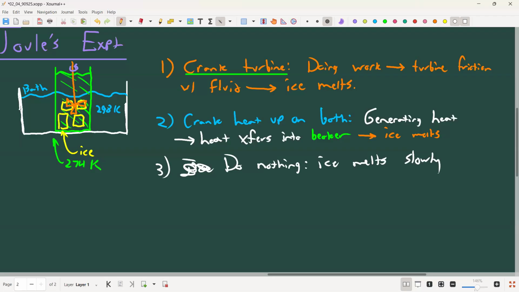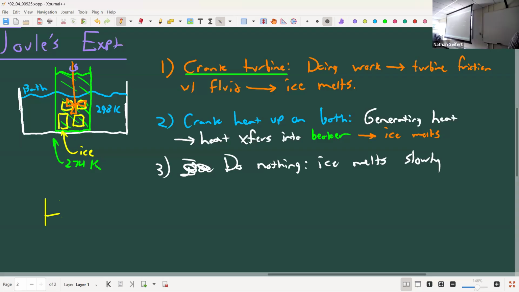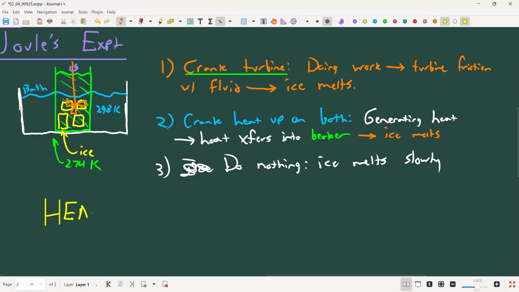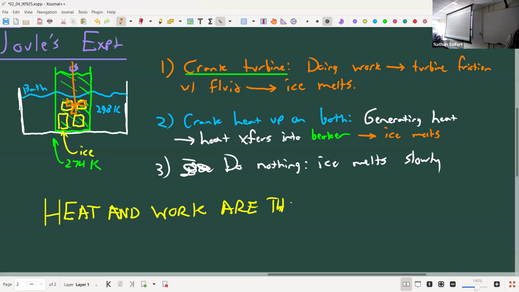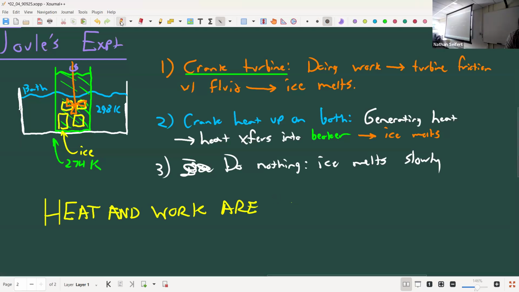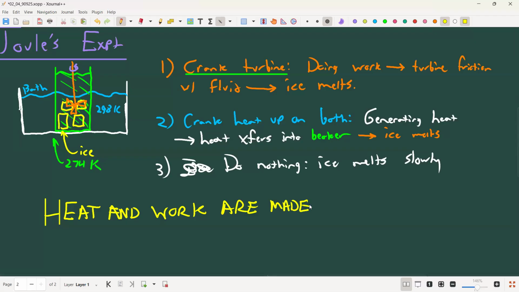So what he determines in a very, very obvious kind of experiment is that heat and work are the same energy, are made up of the same stuff. Right? So the thing that's being transferred in and out of the beaker is the same stuff, regardless of how it's made.